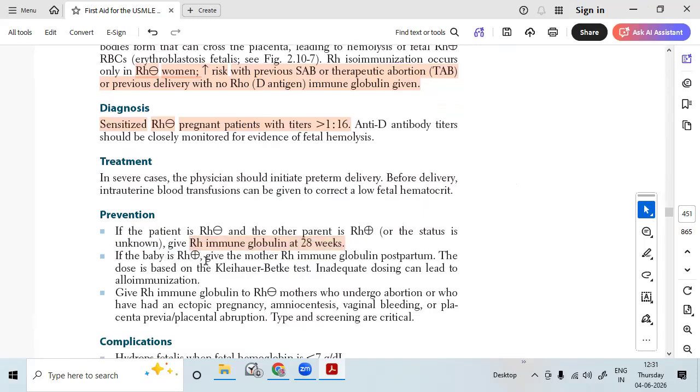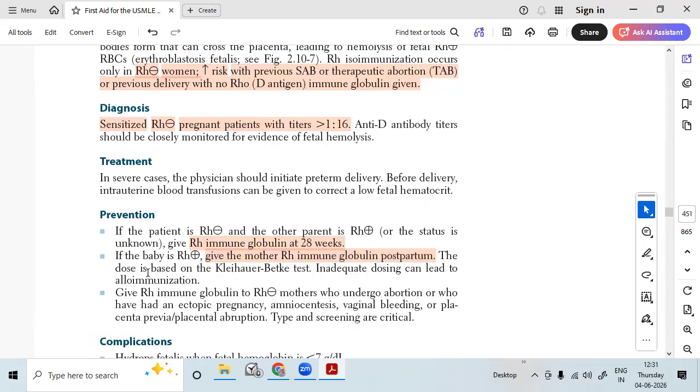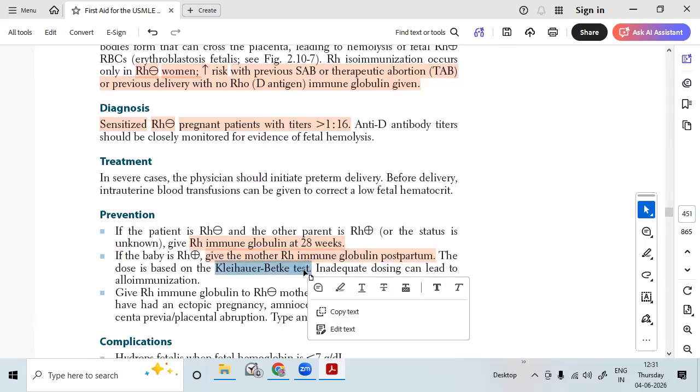If the baby is Rh positive, give the mother Rh immunoglobulin postpartum. The dose is based on the Kleihauer-Betke test. Inadequate dosing can lead to alloimmunization. What is this?